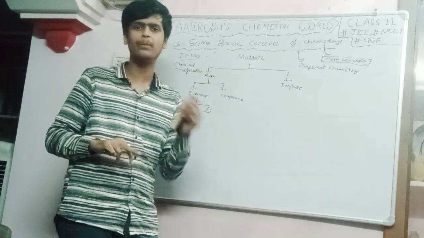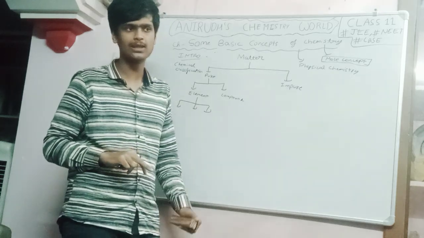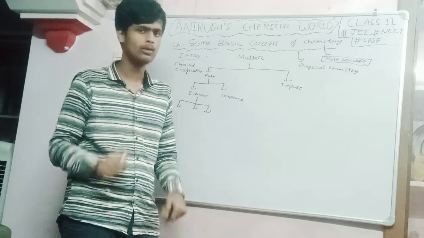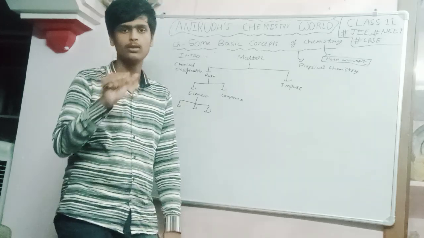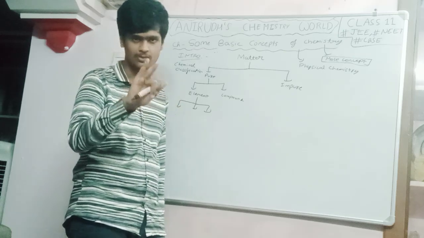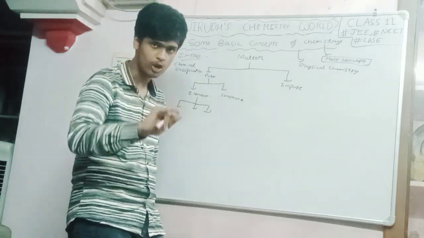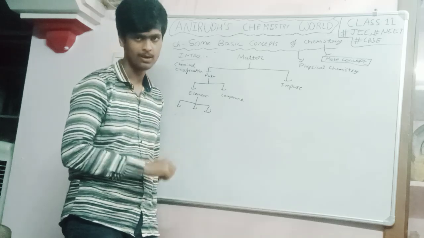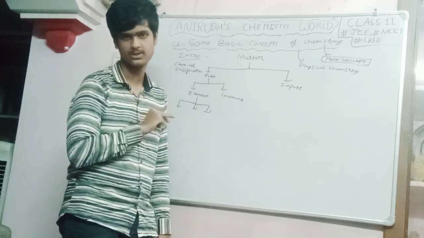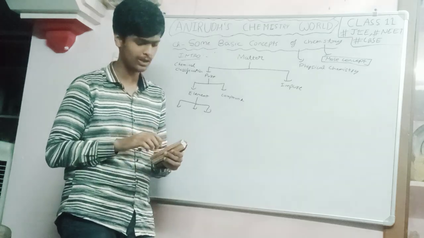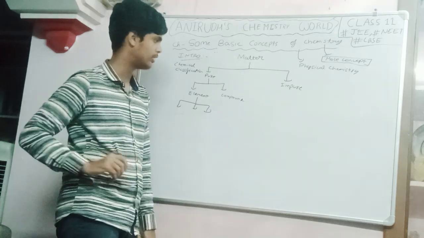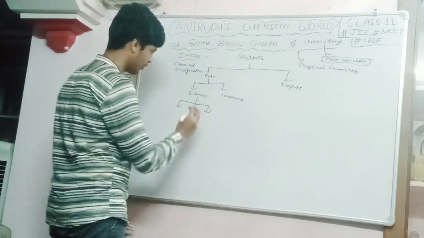From your childhood, you have been seeing metals, non-metals. You might know in your lower classes. Again, these elements are of three types. First one is metals, second one is non-metals, third one is metalloids. You might be knowing metals and non-metals, but it might be the first time you are knowing about the metalloids. Okay, let us see.